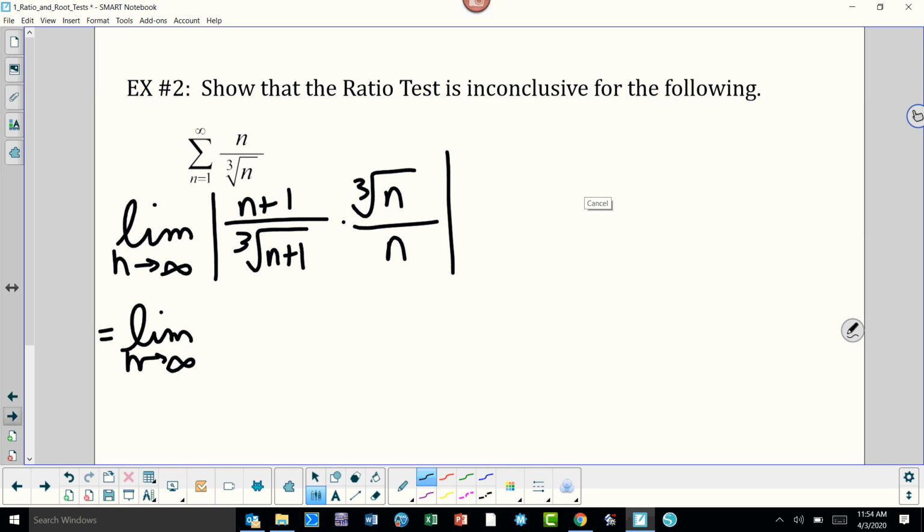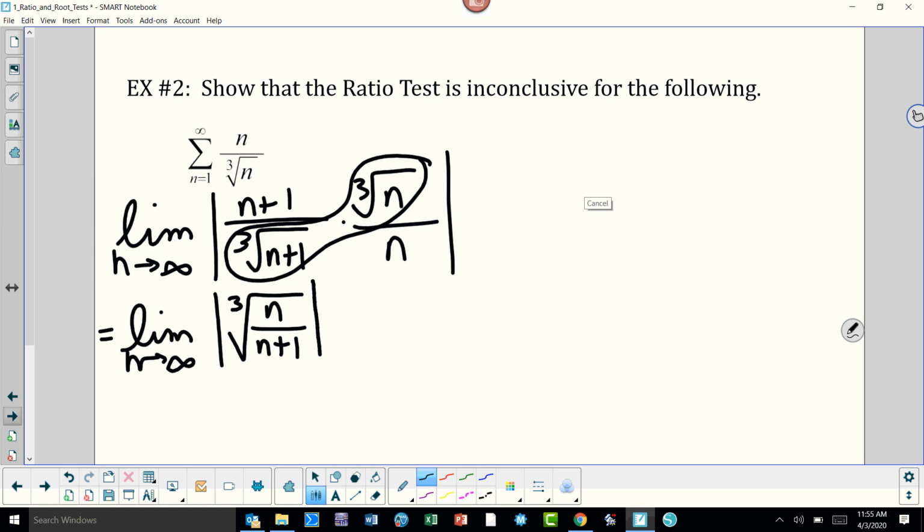For this one, you're going to basically just have two separate things that you can't really do a whole lot with. But remember with limits, you can do them separate. So I'm going to put the third roots of n over n plus 1 in one limit, times the limit as n goes to infinity of the n plus 1 over n, because we want to consider them separately.